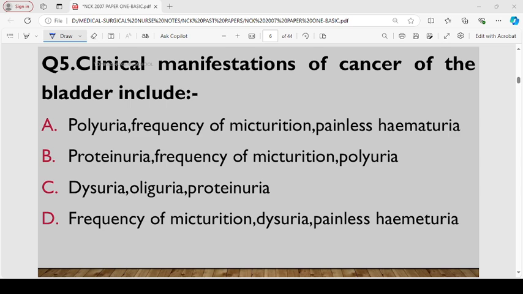Oliguria is reduced urine output, and so proteinuria and oliguria are not standard symptoms. Dysuria may occur, but painless hematuria is usually the key sign here for cancer of the bladder. So that makes option D, nurse D, that's frequency of micturition, dysuria, and painless hematuria, the best option here.